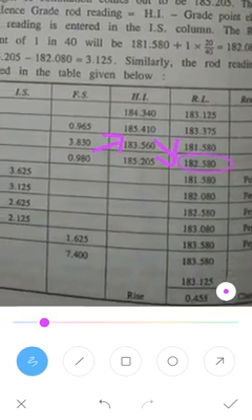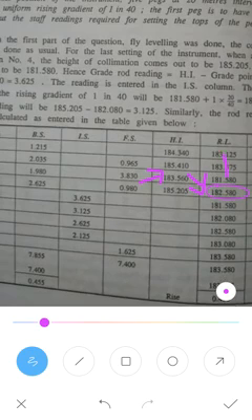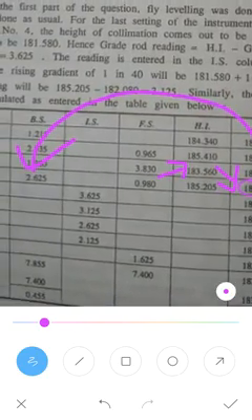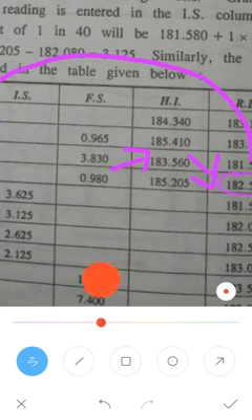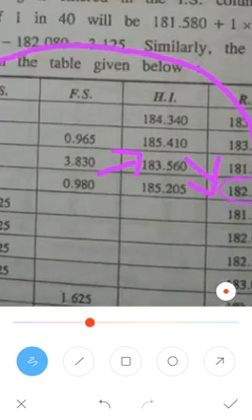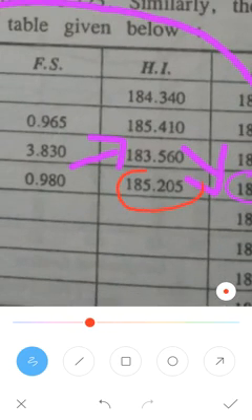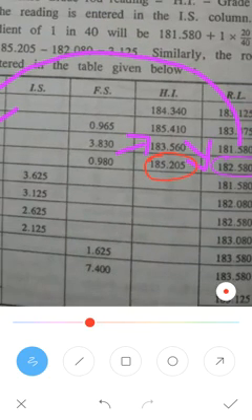Now what you have to do is add the backside to RL. So 182.580 plus 2.625, if you add this, then you will get 185.205, the HI.